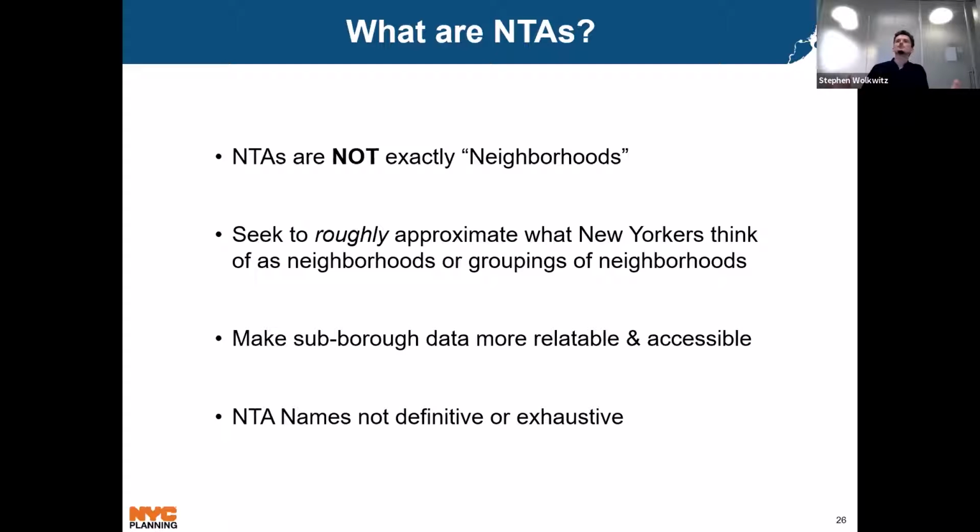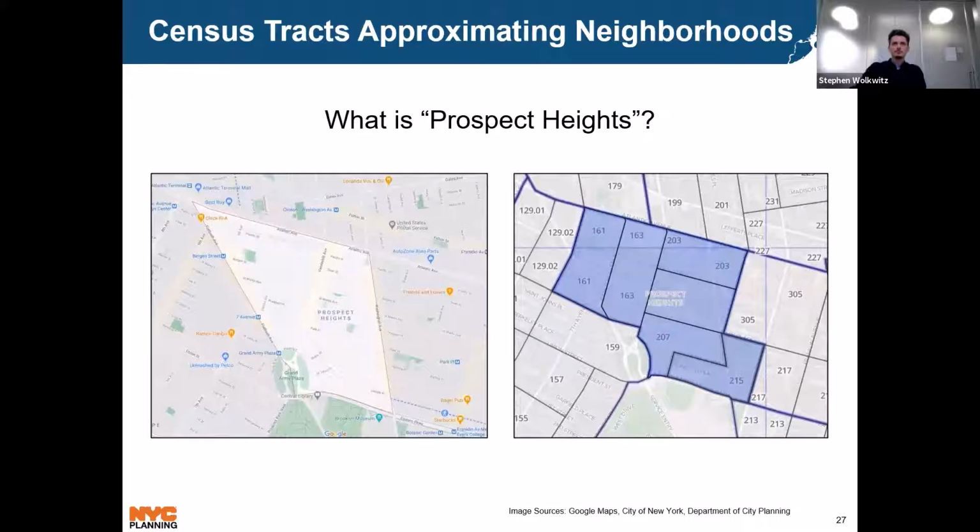That's something you can relate to better. And that's what we're going for with trying to make this medium-sized geography aligned with neighborhoods to the extent that we can. Now, NTAs do have names, but we also want to caution that we don't intend for these names to be definitive or exhaustive of all the possible names that are out there and are certainly legitimate for conceptions of neighborhoods throughout the city.